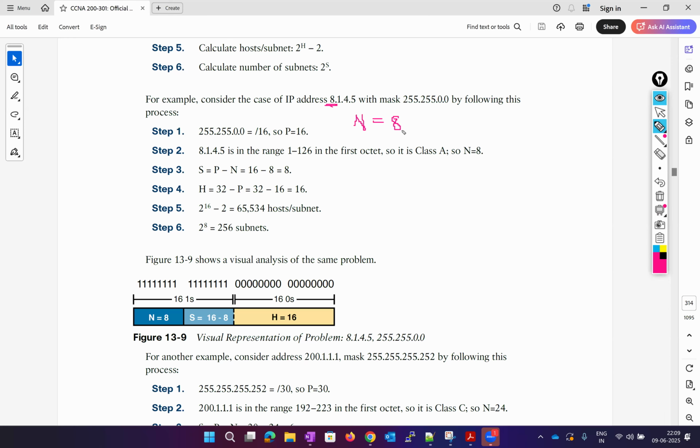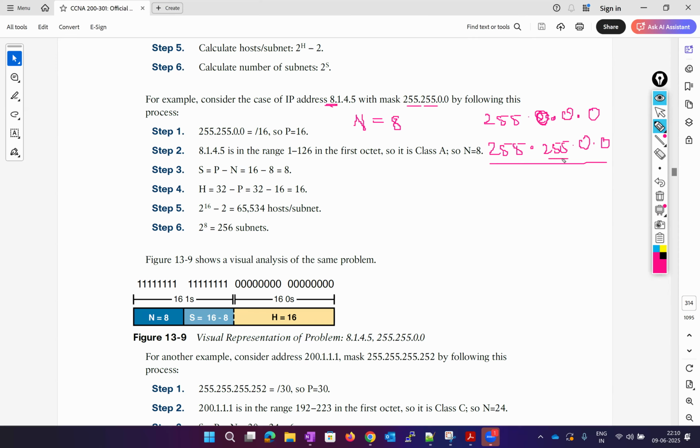And with the network bit, we already know what the default mask is going to be. That is 255.0.0.0, right? But the address mask given here is 255.255.0.0. So how many zeros did we convert to ones? We converted 8.